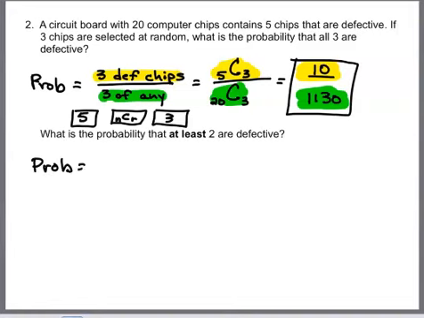Okay. So now this is at least 2 are defective. So at least 2 are defective means 2 are defective, or it can be 3 are defective, so we'll add up all the possibilities out of the total.